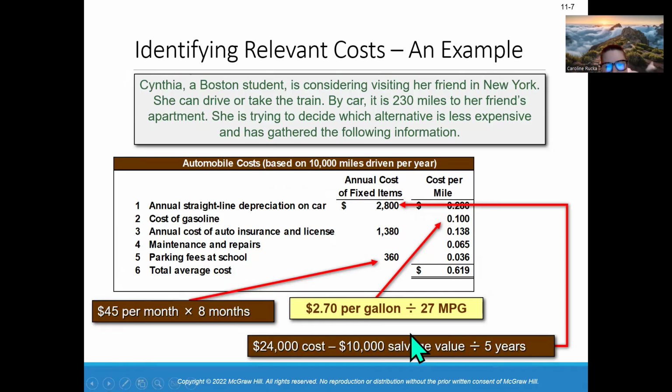So you have various costs here: the straight line depreciation on the car, the cost of gasoline, parking fees at school. You've got your fixed cost items pulled out here, and then your cost per mile are your variable costs.